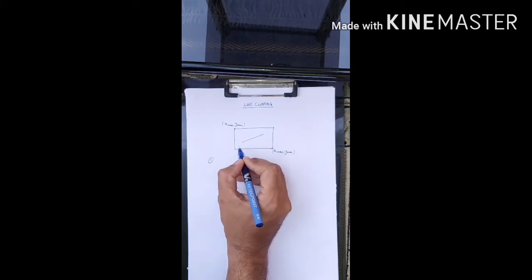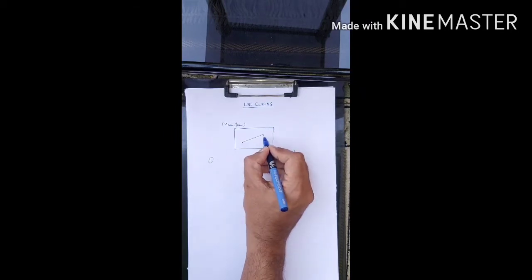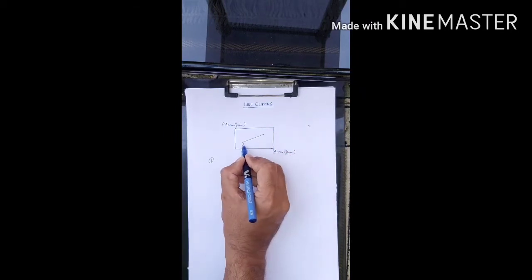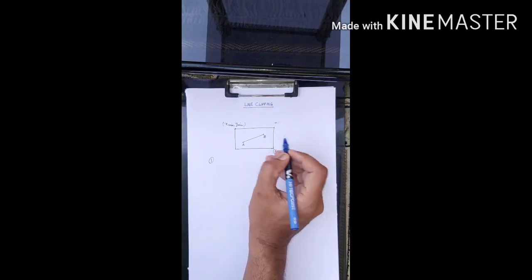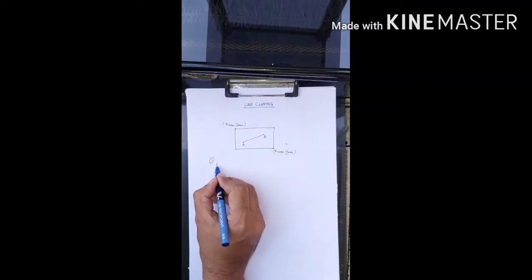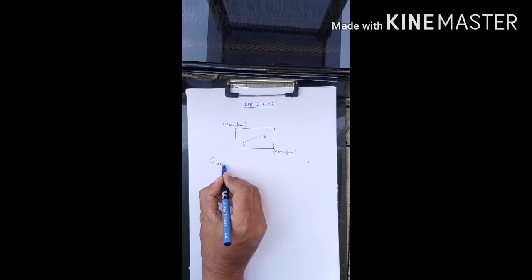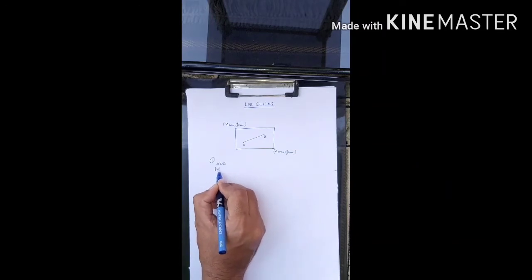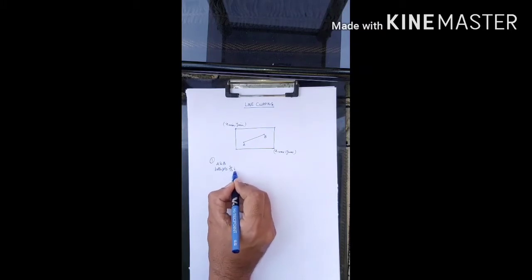This category of line has the attribute that both of its points A and B are inside the window, inside the clipping window.